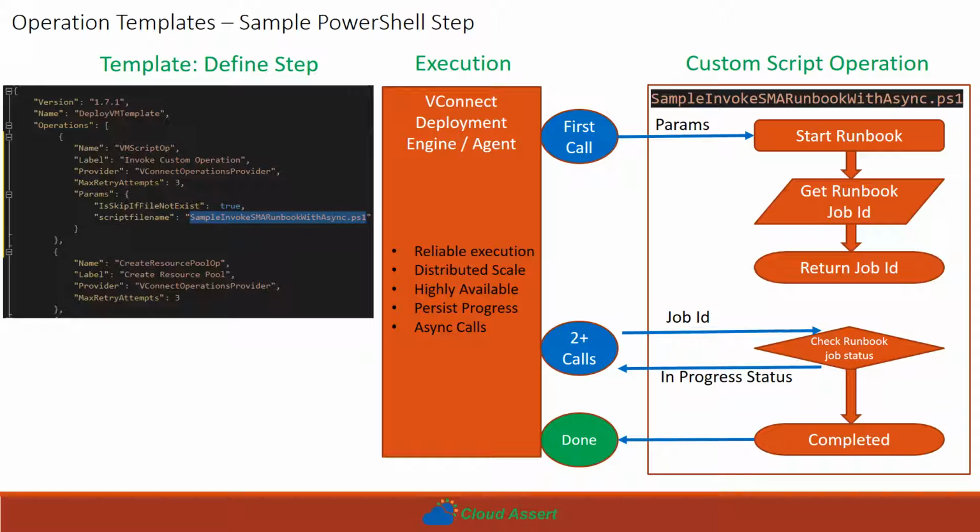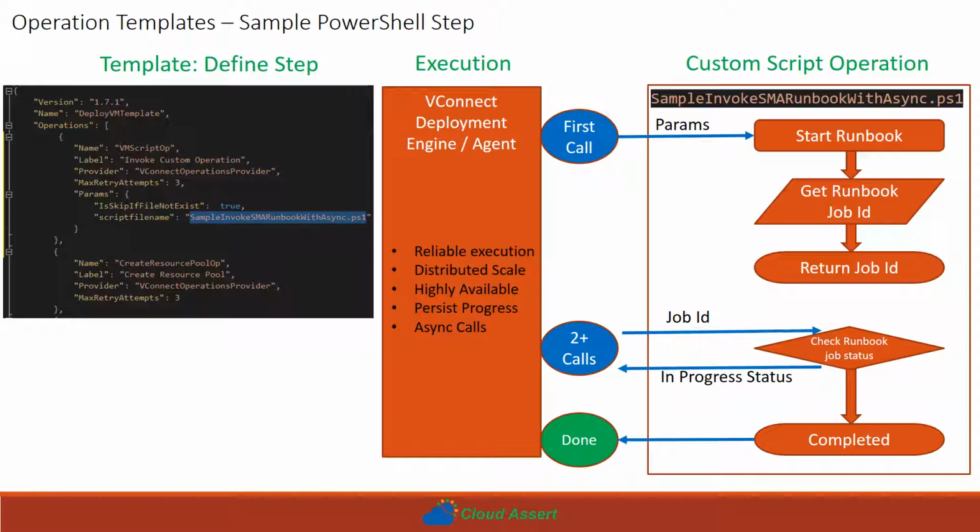Once you add the step, the subsequent provisioning operations will start invoking this operation step. That execution is carried out by the vConnect deployment engine or agent. The vConnect deployment engine provides a reliable way for executing operations, the steps involved in provisioning or deprovisioning a resource.